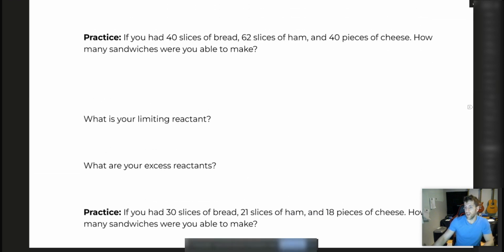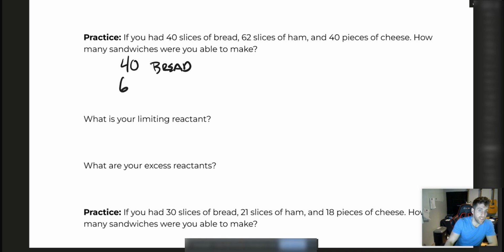Let's move forward here. I got to move down my little cheat sheet to make sure I'm on par here. If you had 40 slices of bread, 62 slices of ham, and 40 pieces of cheese, how many sandwiches were you able to make? Well, utilizing the same recipe, 3 hams, 1 cheese, 2 breads, we need to write that out. So we have 40 bread.